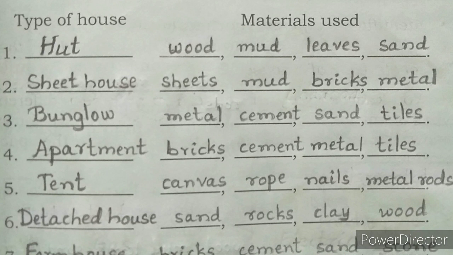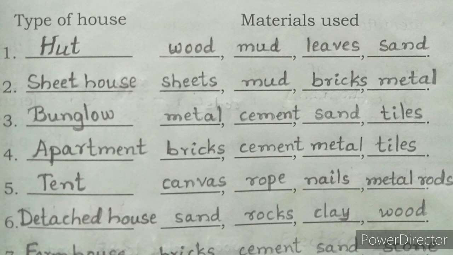And second, sheet house. To build a sheet house, we need sheets, mud, bricks, metal. And third one, bungalow. To build a bungalow, we need metal, cement, sand, tiles. And next, you write apartment. To build an apartment, we need bricks, stone, sand, cement, metal, tiles.